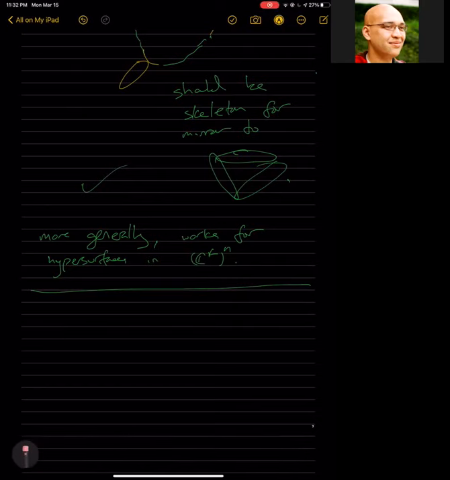So what do I mean? So in general, here's the general case. You take a manifold B, and it carries a cell decomposition.